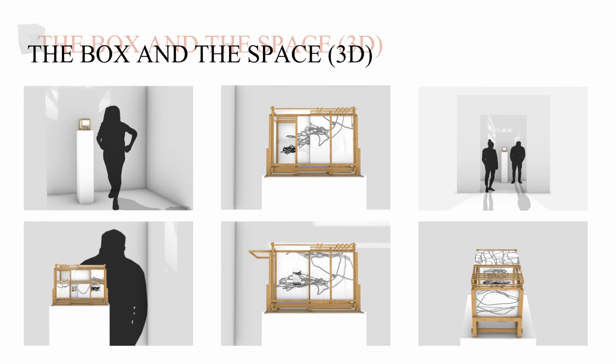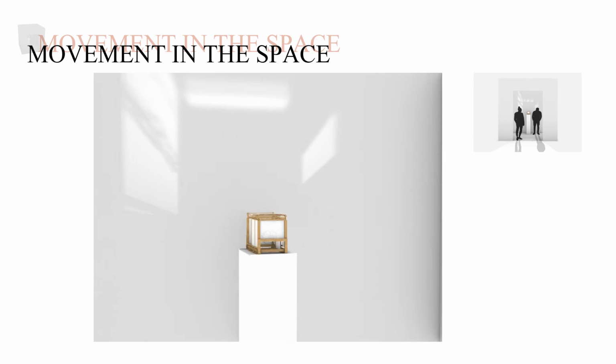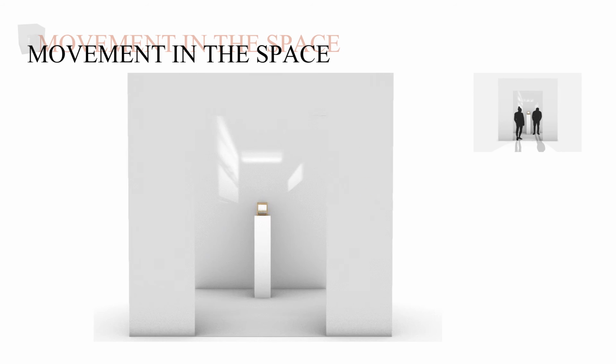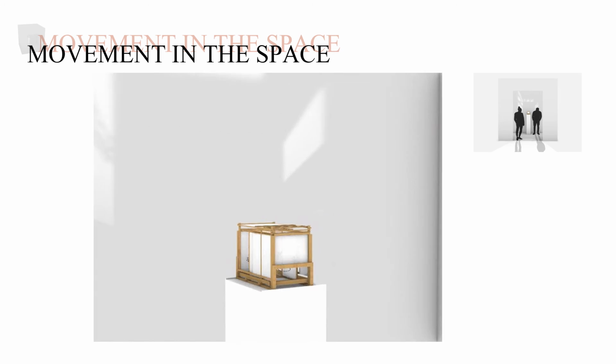My third idea was to make an enclosed space in order to fully appreciate the shadows that the wire hand cast on both the cladding and the walls of the space. And this is one of the many proposals of how a person could move through the space.